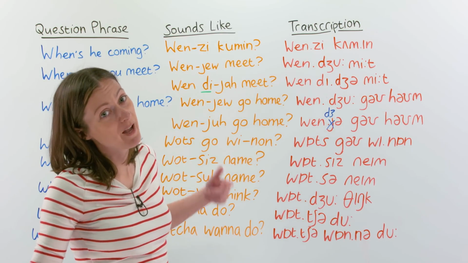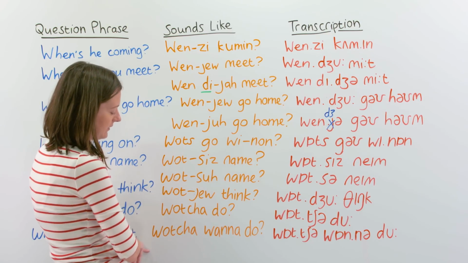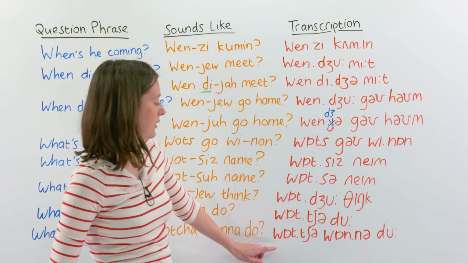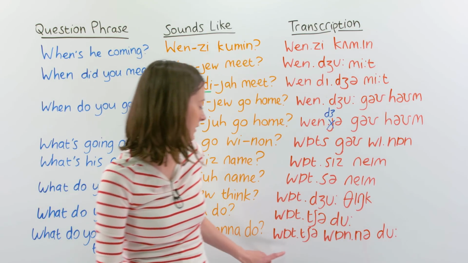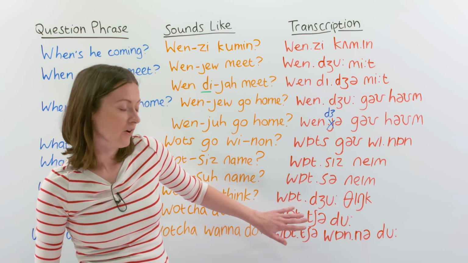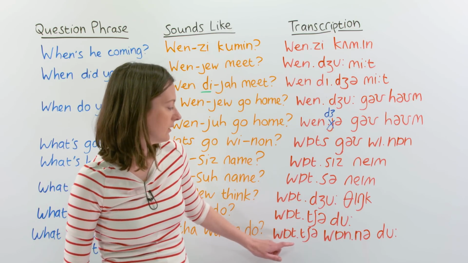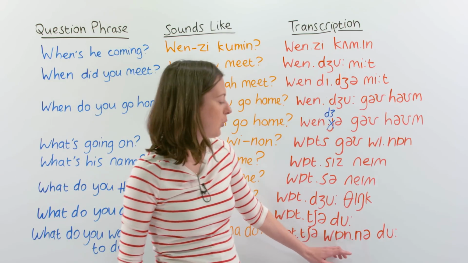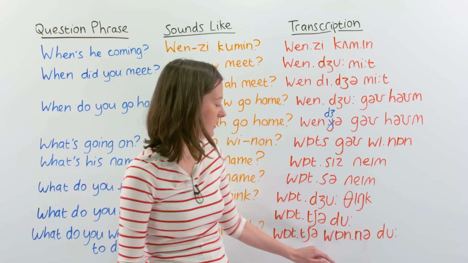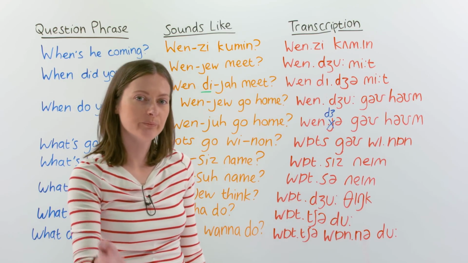Do you want to go put a bet on in the betting shop? What do you want to do? The first part is the same as the previous example. Watcha, watcha. But now we've got wanna, wanna, do. What do you want to do?